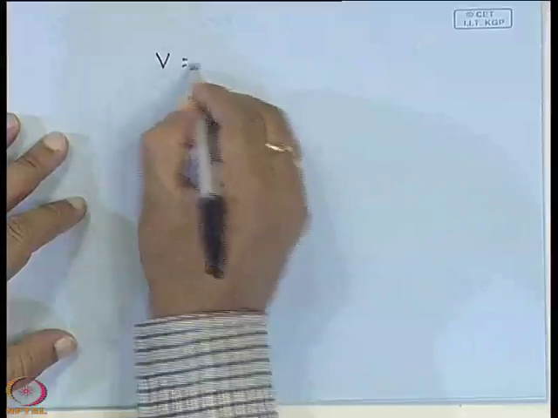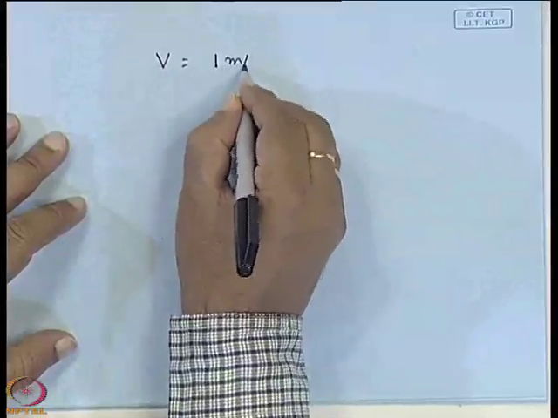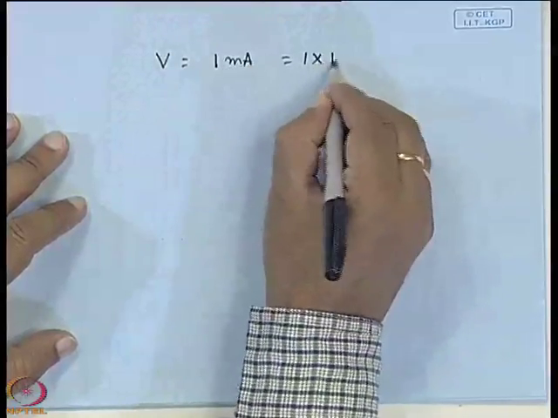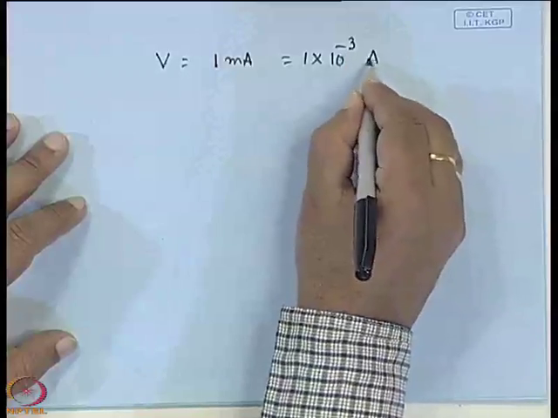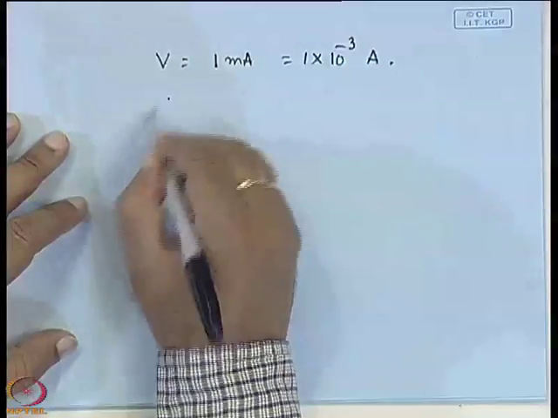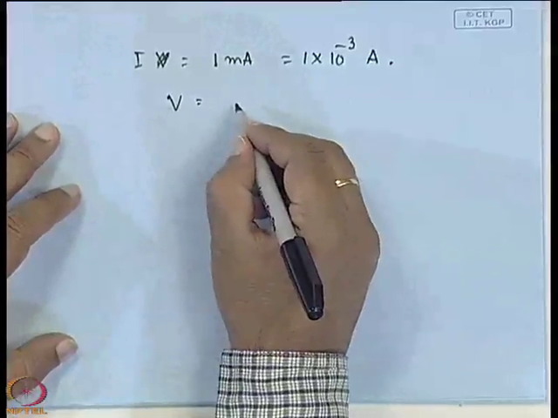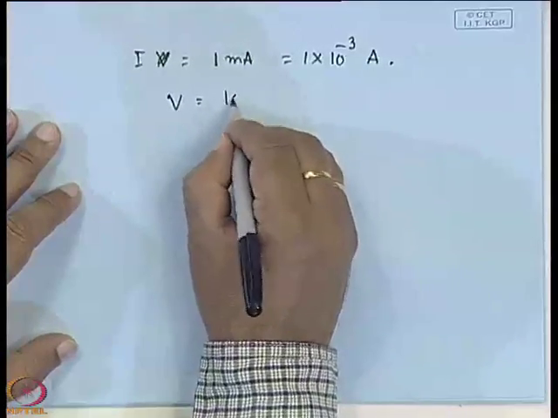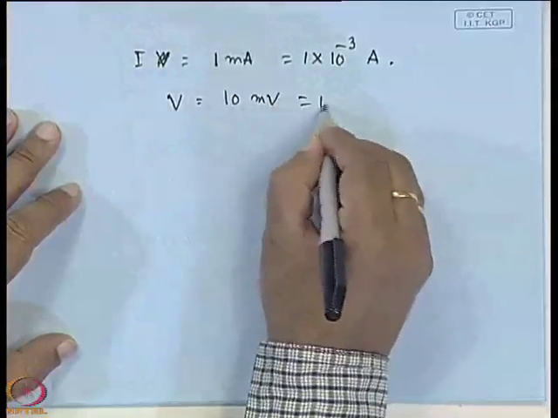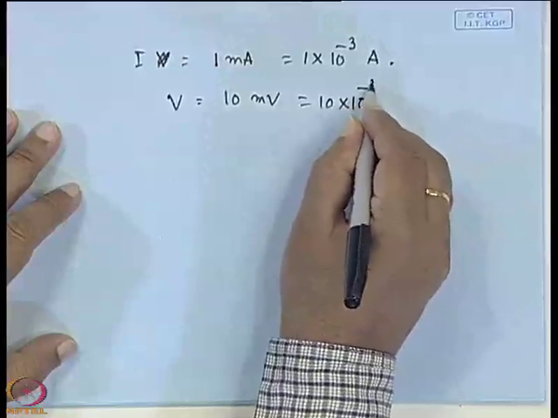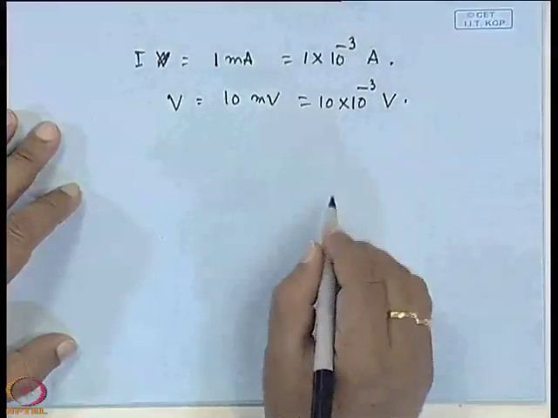I is given 1 milliampere, it is 1 into 10 to the power minus 3 ampere. V is given, V is how much? 10 millivolt, that is 10 into 10 to the power minus 3 volt.